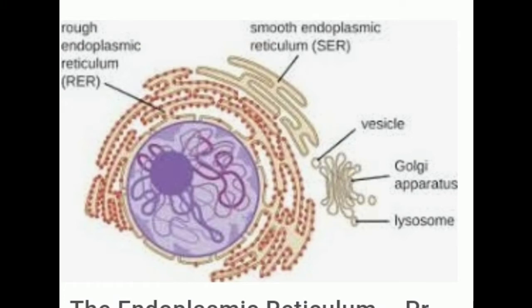Due to the presence of ribosomes, this endoplasmic reticulum is called rough endoplasmic reticulum, while the endoplasmic reticulum without ribosomes is called smooth endoplasmic reticulum. This diagram is easy to draw, so we'll draw it like this.